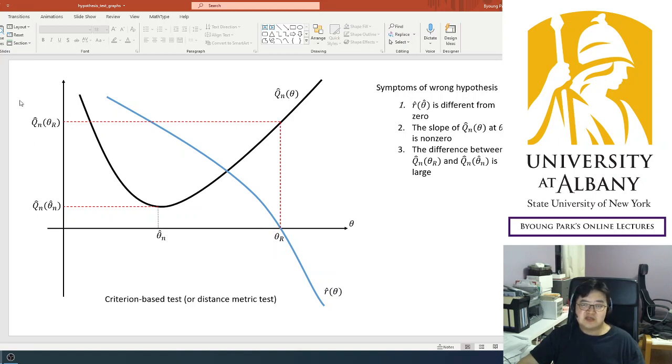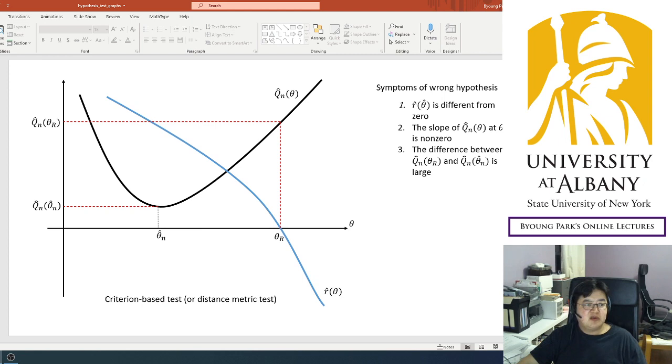So the restricted minimum is greater than the unrestricted minimum. The difference captures how different the restriction is from the unrestricted minimum. That's another approach: you are looking at the distance here.